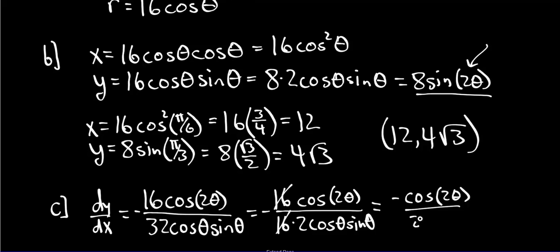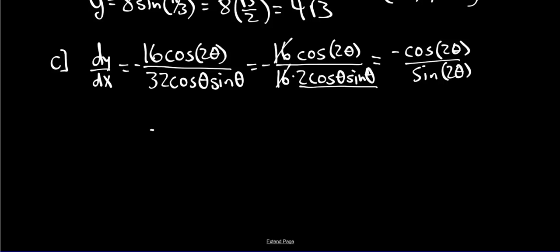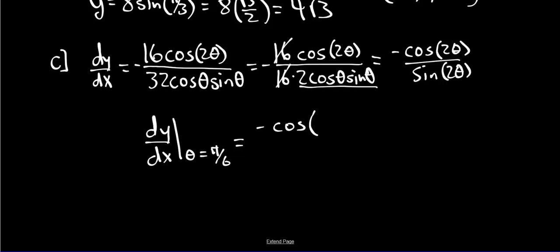Oh, what am I doing? Sine 2 theta. Okay, well then, we're about ready to find dy/dx at theta equals pi over 6. So it's going to be negative cosine pi over 3 over sine pi over 3.